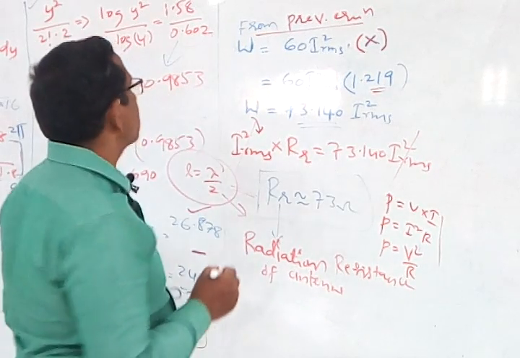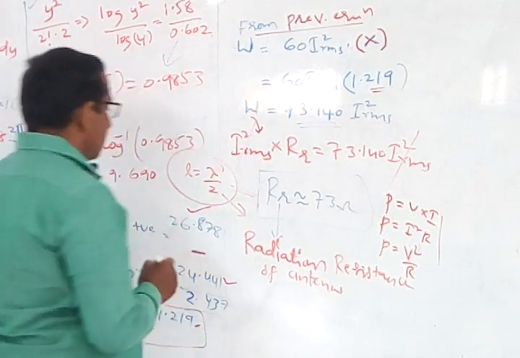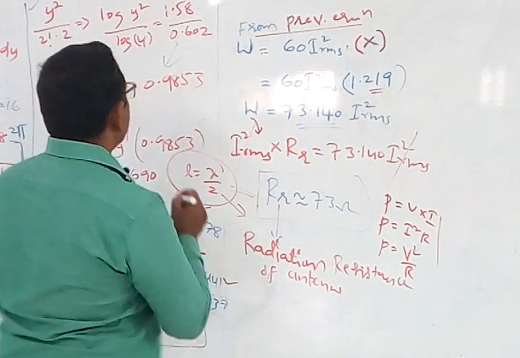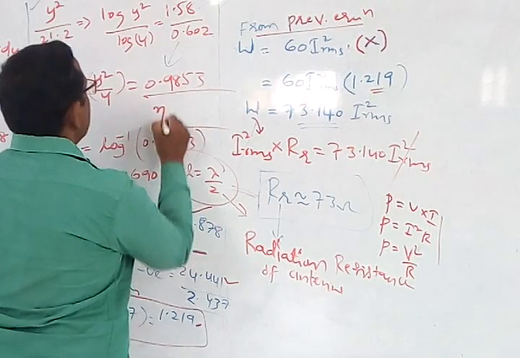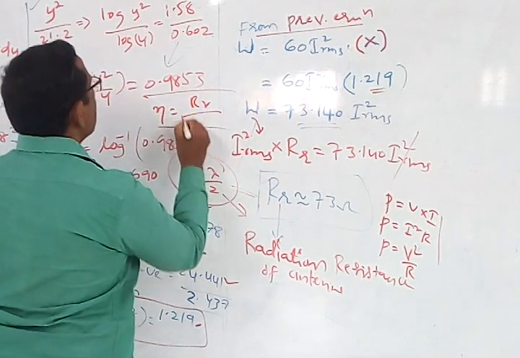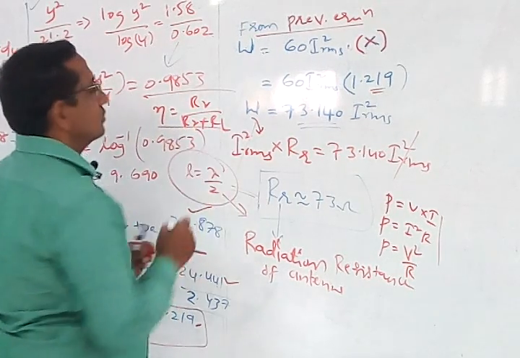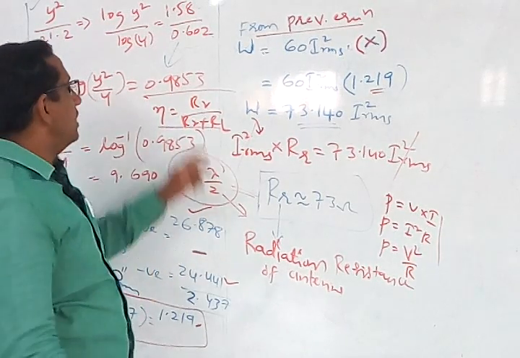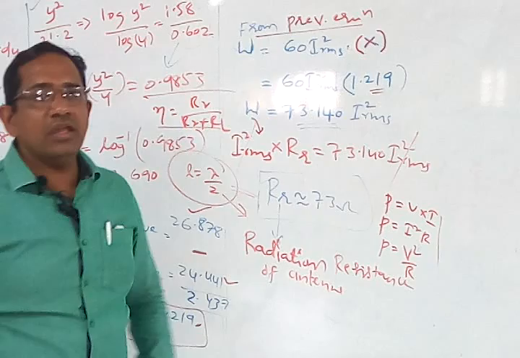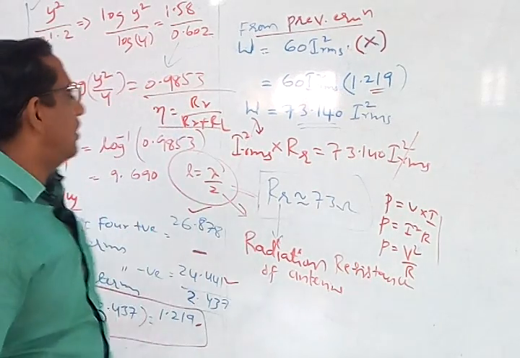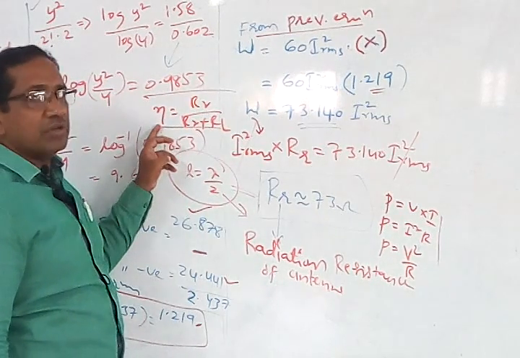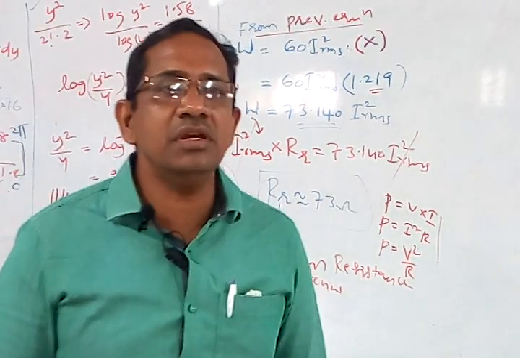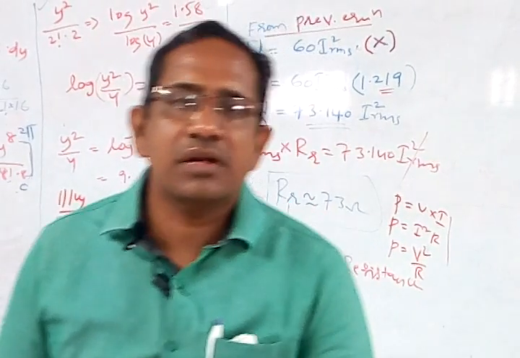So in terms of radiation resistance, already we have computed the formula for radiation efficiency. Eta is equal to RR by RR plus RL. So from this formula I can say the efficiency of an antenna is going to depend on the radiation resistance of an antenna, where RR is the radiation resistance and RL is the ohmic losses present at the output terminals of the transmitting antenna.